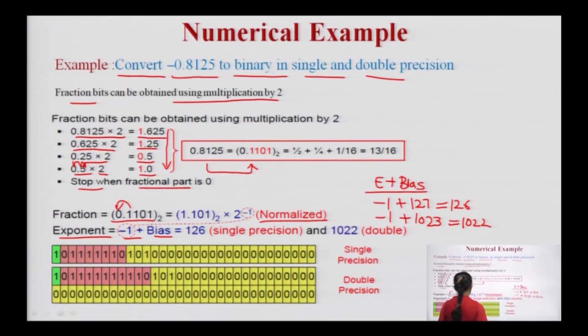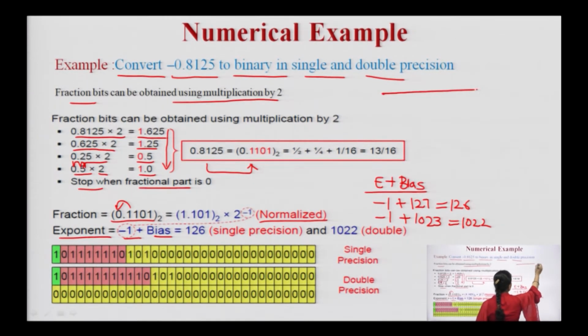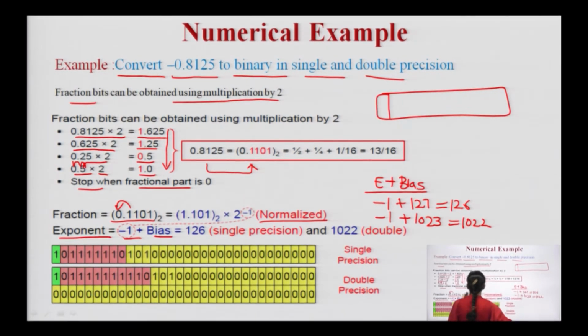So, if I have to represent the number in single precision, that is using 32 bits, then as the number is negative, I will represent 1 in my sign bit. Then to represent the 8-bit exponent, exponent is coming here 126.